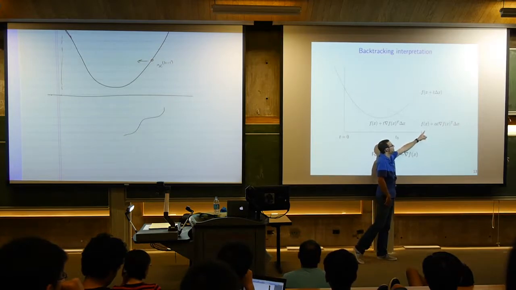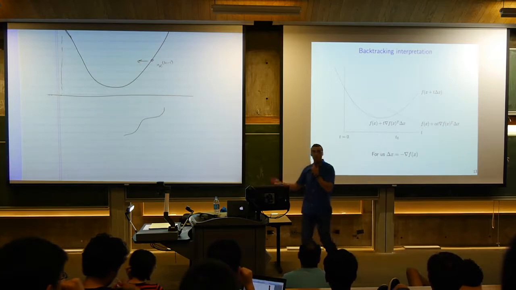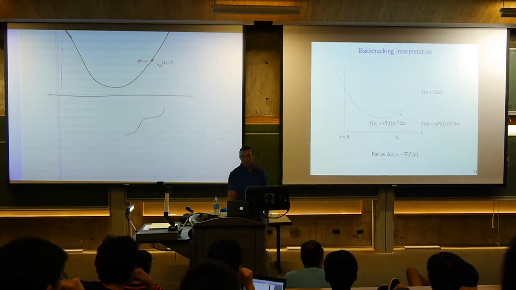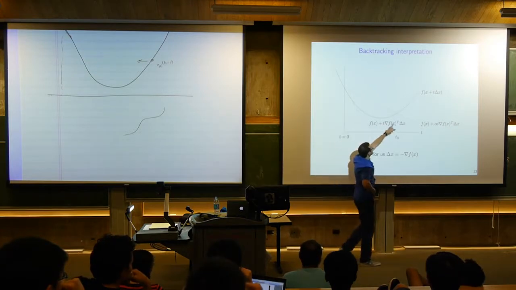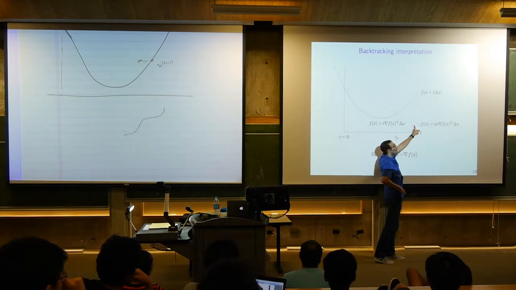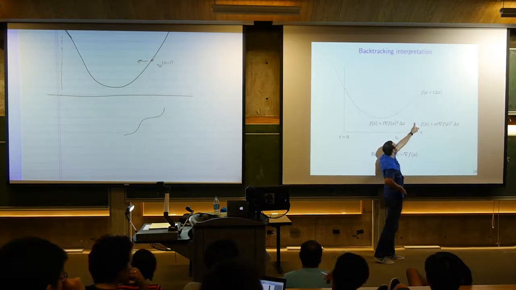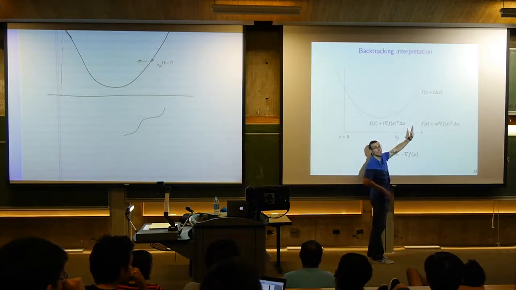This is the same tangent line, but where its slope has been effectively multiplied by alpha. And alpha you can take to be half if you want to simplify things. So what we're doing is comparing the step that we might take, let's suppose we're going to take this step, to what we hope to see from a linear approximation. And it's too big, so we move back: we multiply t by a factor of beta, and beta is less than 1.